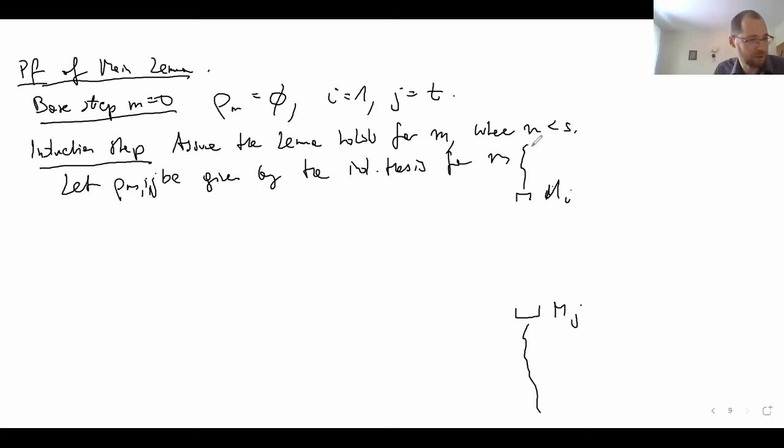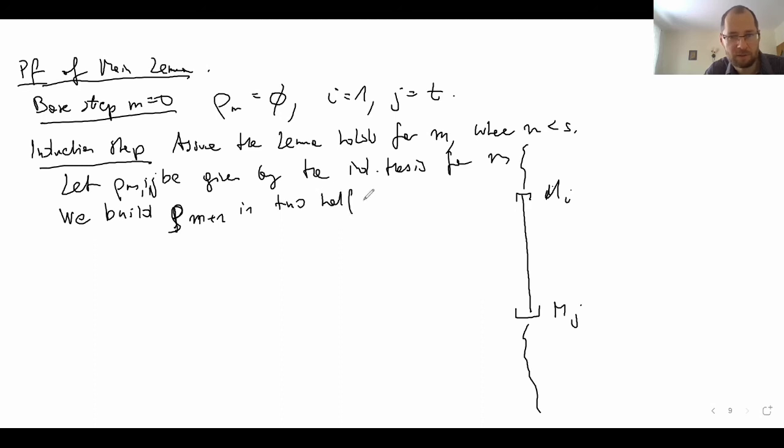This stuff we kind of ignore. We build rho m plus 1 in 2 half steps. So the induction step splits into 4 quarter steps, because each half step will also split into 2 things.